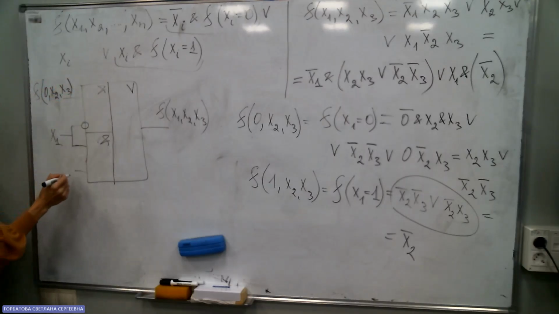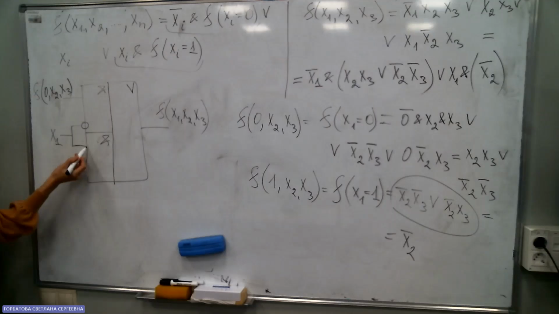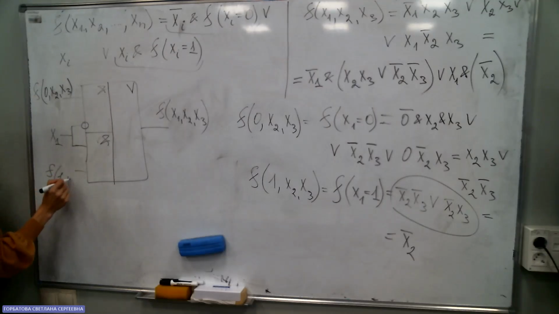And here x1 without negation, so here f of 1, x2, x3.